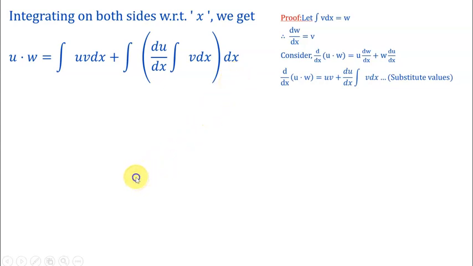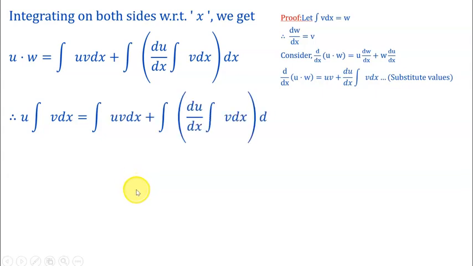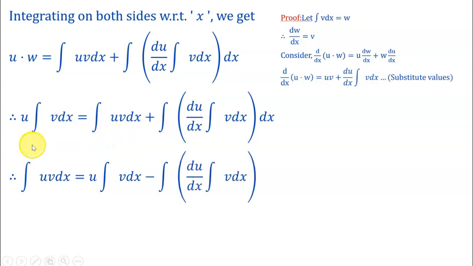And this can again be written as, but what about w? This w is nothing but integral of v dx. Okay. And hence this can be written as, that is it.